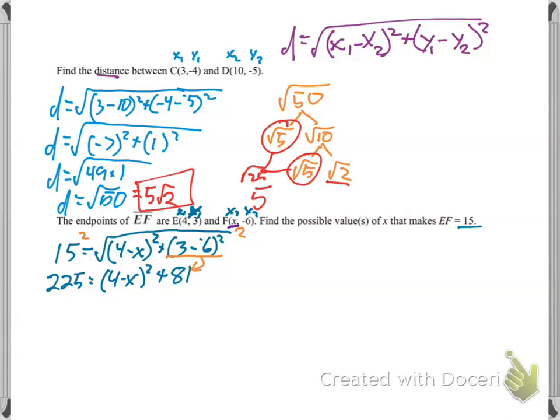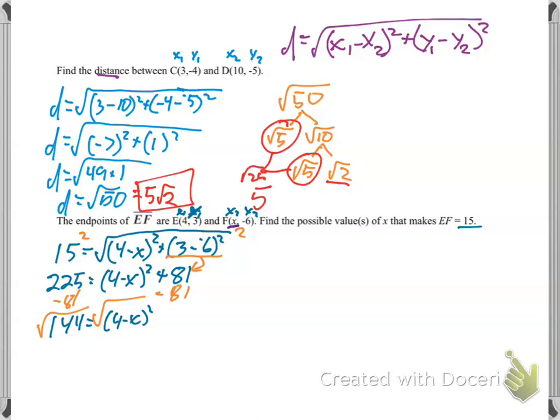Okay, so now I want to get rid of the 81. So let's subtract 81 from both sides. That gives me 144 equals (4 minus x) squared. Now I want to get rid of that square, so I'm going to square root both sides. And here we run into a small problem where people mess up a lot.